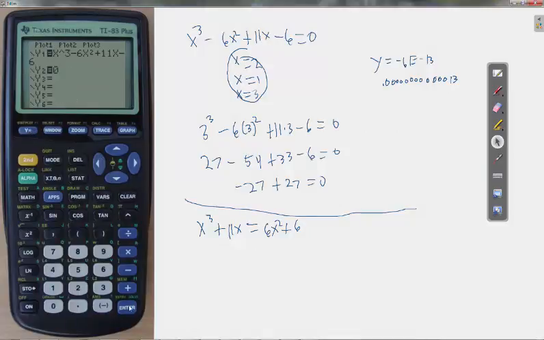Let me turn these off. If you plug in x cubed plus 11x for the left side, and then 6x squared plus 6 for the right side, then do intersect.